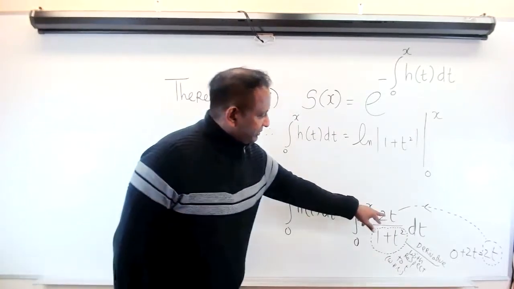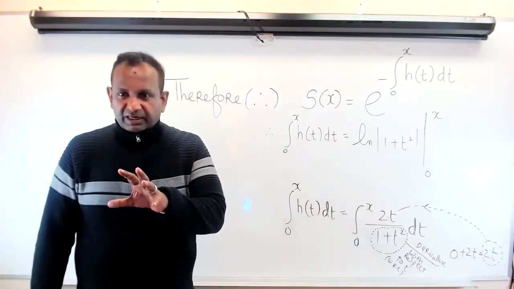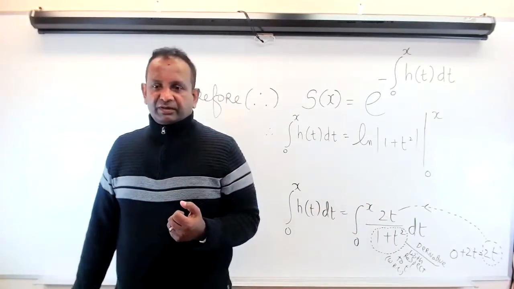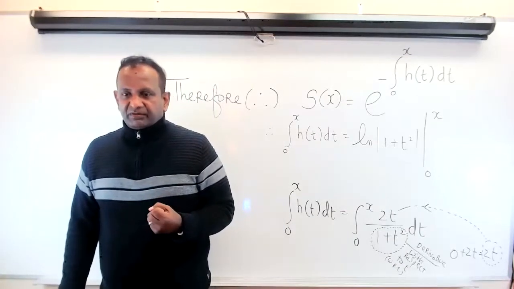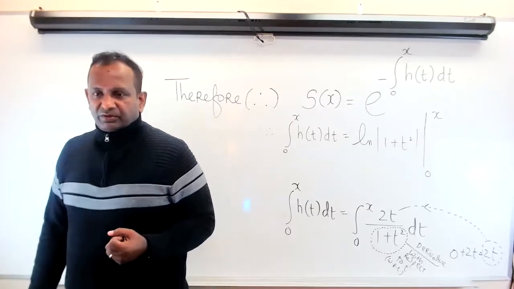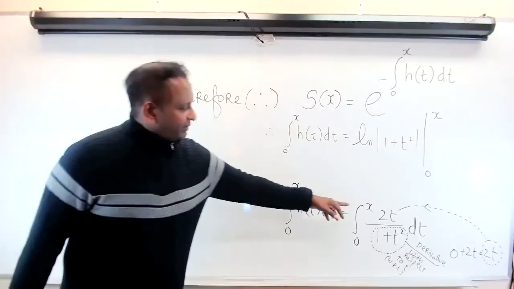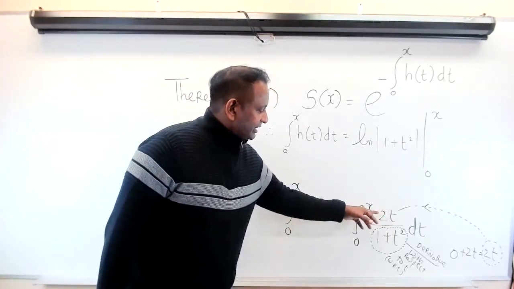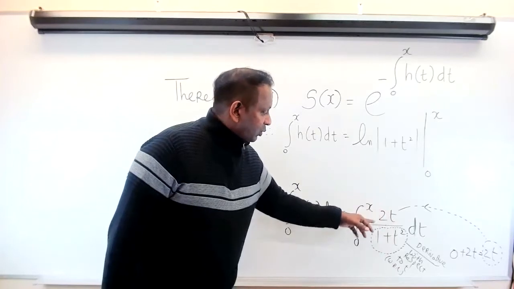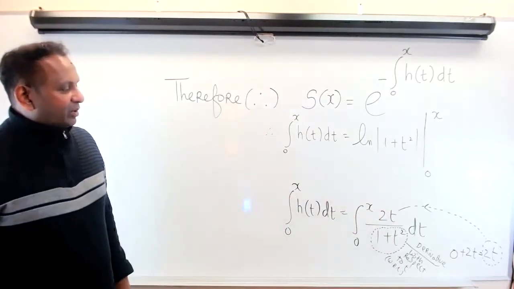If by any chance you have only a t here, you can make the adjustment only with the numbers, not with the letters, because the letters represent variables, so you must not adjust those. And if you don't have a 2 over here, say you have something like 1 plus t squared with just t dt, you can put a 2 over here and then multiply by half to make it the way we want.